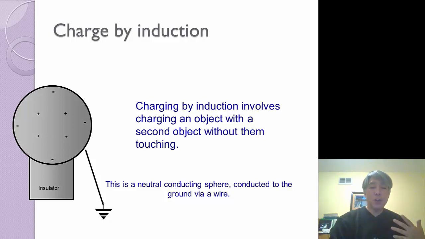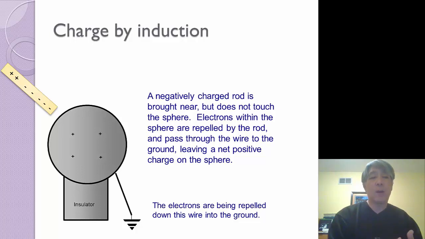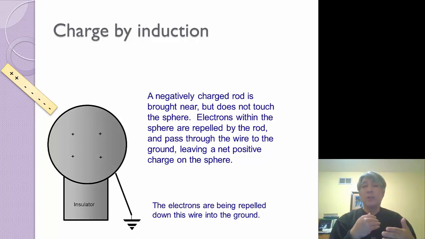Charging by induction requires me to bring a charged object close, but not touching. Remember, that's a key aspect of charge by induction. I bring it close, but it doesn't touch. The whole point of bringing that charged object, in this case negatively charged, is that it repels some of the electrons in my neutrally charged sphere.